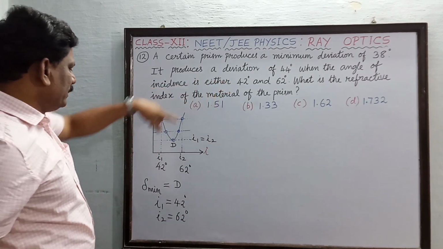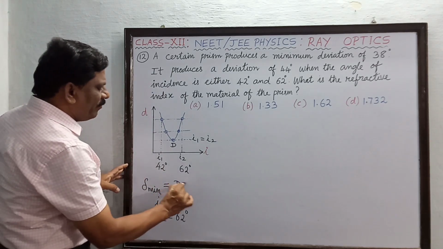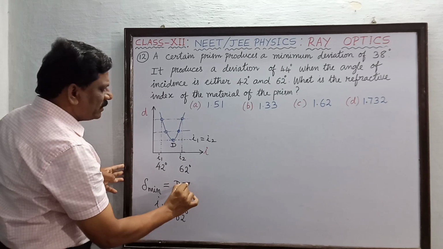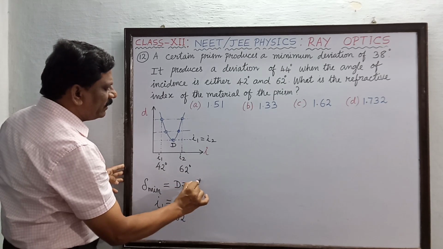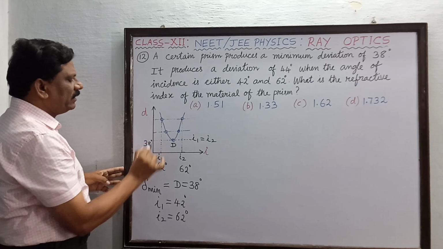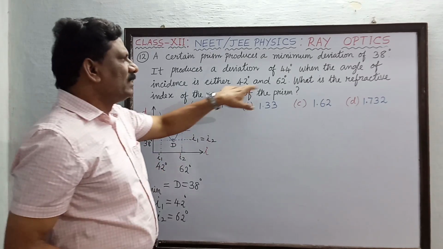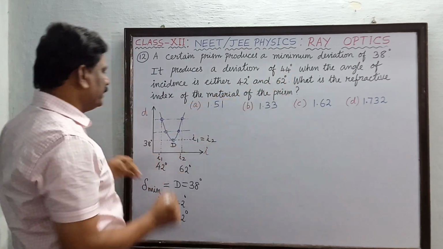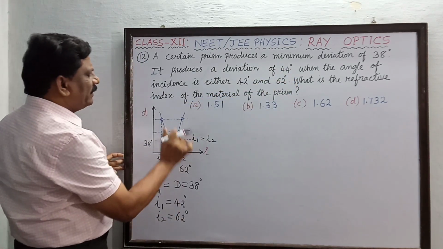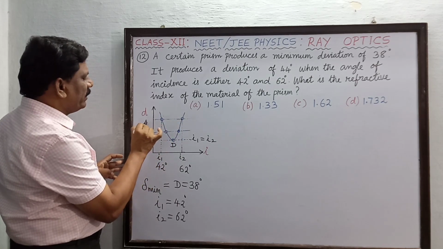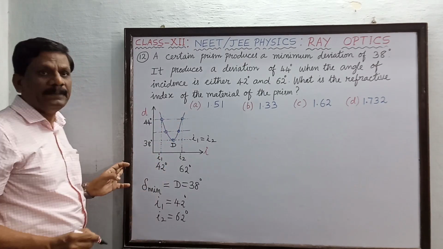Now what is capital D? The angle of minimum deviation is given as 38 degrees. And for these two angles of incidence, the deviation is taken as 44 degrees.